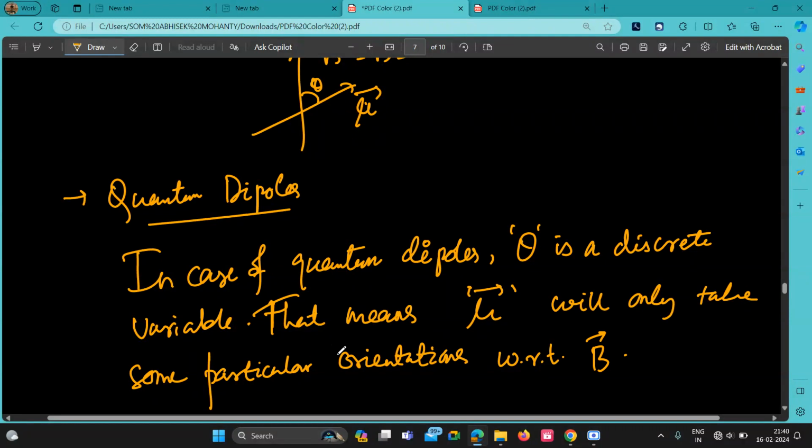So this is your quantum and classical. We'll discuss them separately also. So first one is classical dipole.